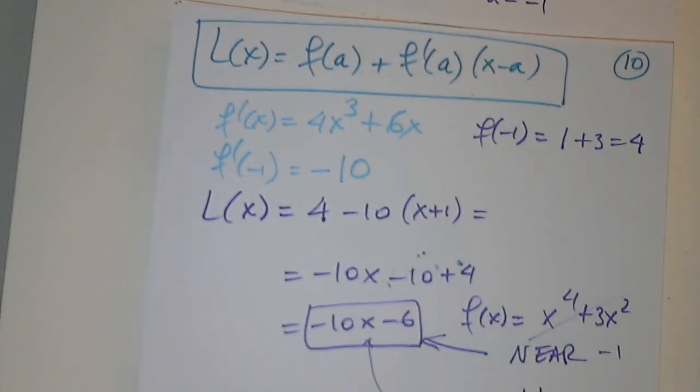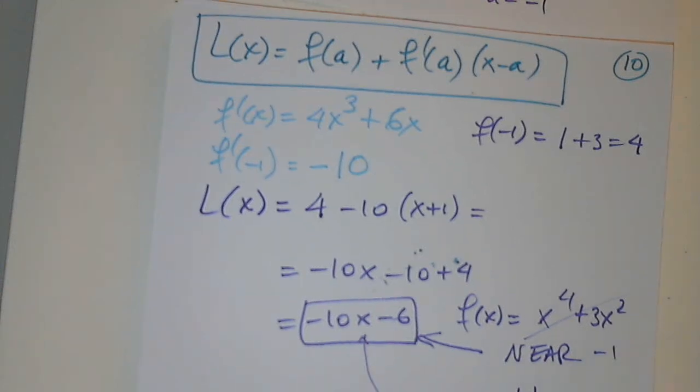But I didn't have to go through -1.1 to the fourth power plus 3 times -1.1 to the second power. I use the line and I determine the estimate quite fast, because the linear function is the easiest to work with. Any questions so far?